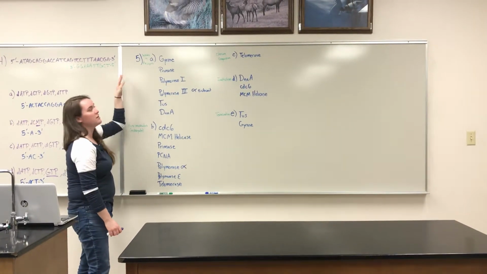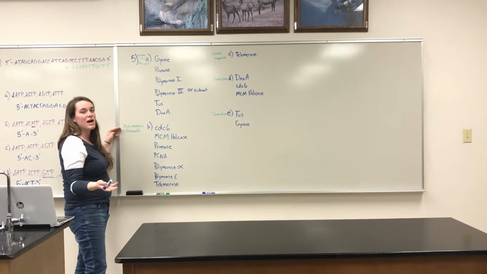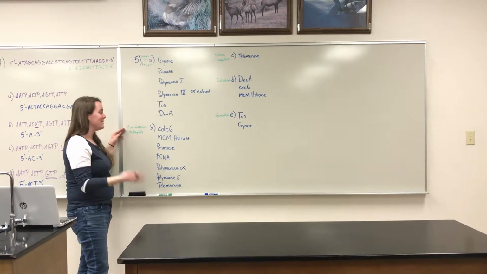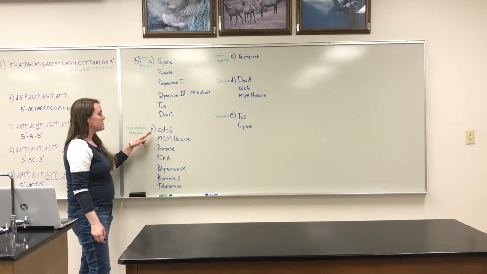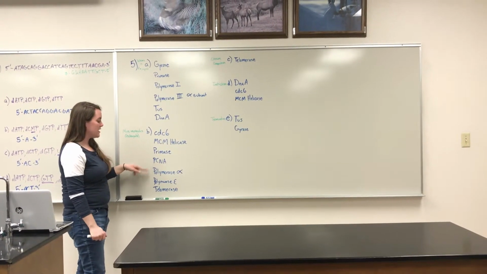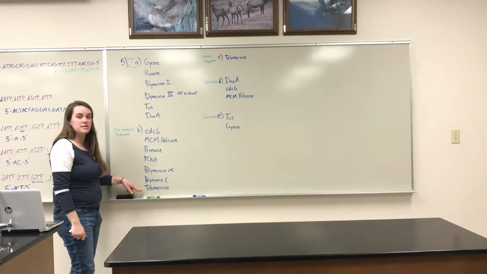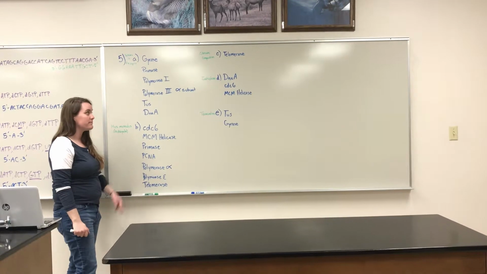Those would all be found in a prokaryote. And then Mus musculus, which is your house mouse, is an organism, so it's going to be a eukaryote. You've got CDC6, MCM helicase, primase, PCNA, polymerase alpha, polymerase epsilon, and telomerase.